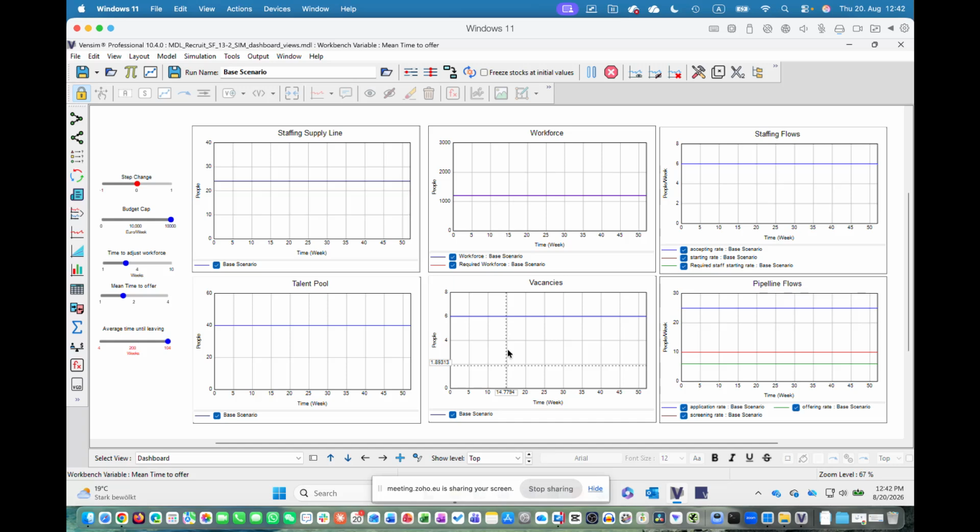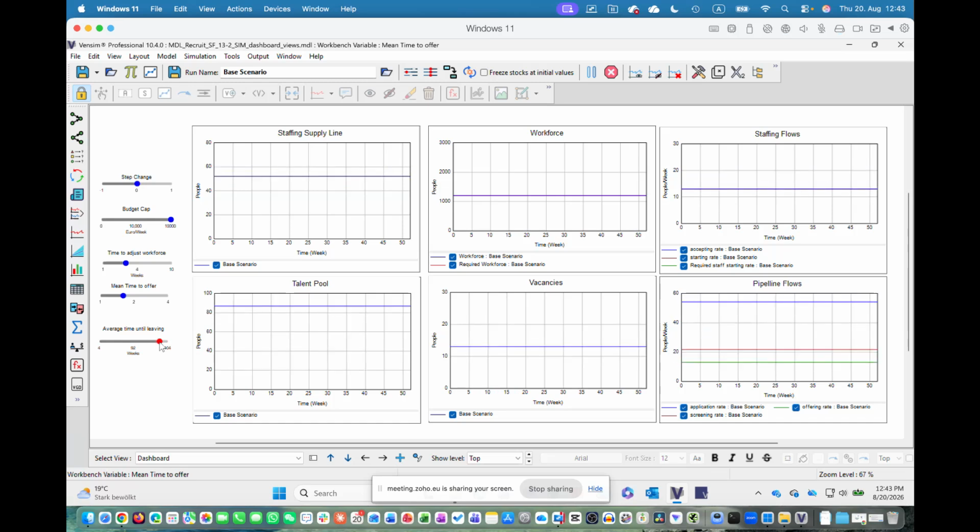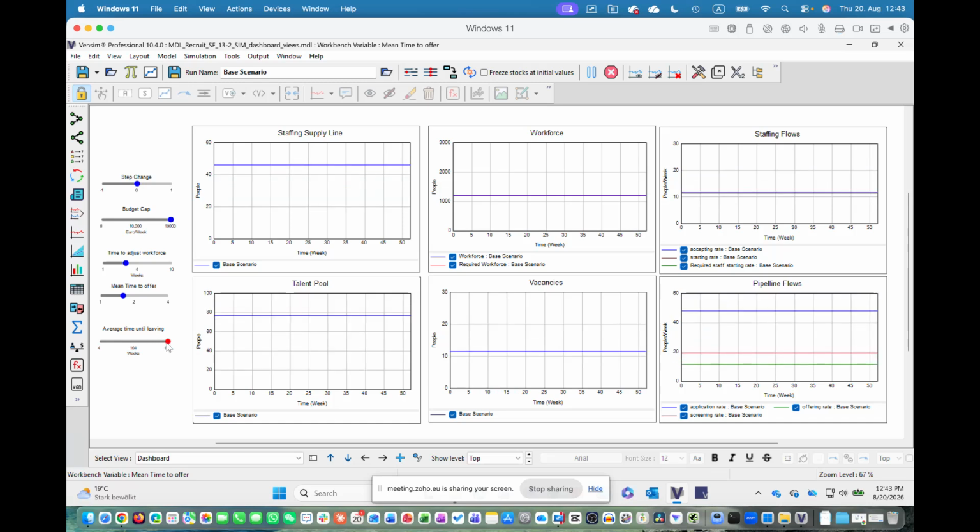Now, this model is in equilibrium. What I'm showing here is a couple of sliders that we can work with. So the first thing that we might want to do, since the model is in equilibrium, I could say, for example, let's change the average number of days that people stay in the organization. And you see the model stays in equilibrium.